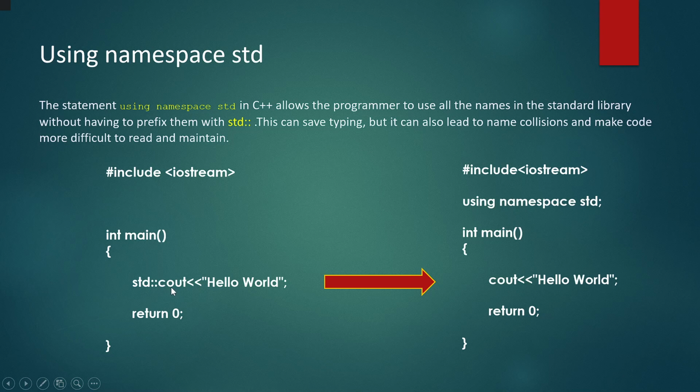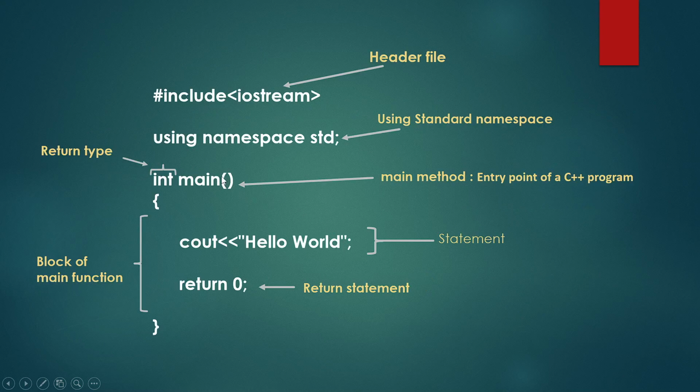It tells that cout actually belongs to the standard library. And if we include this, the compiler by default understands that cout belongs to the standard library. So now we understand why we use namespace std.